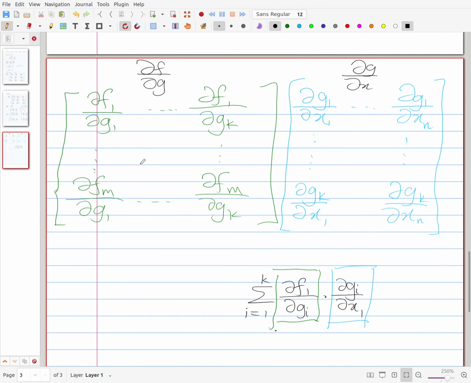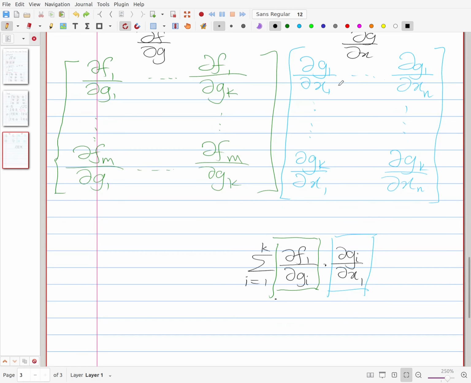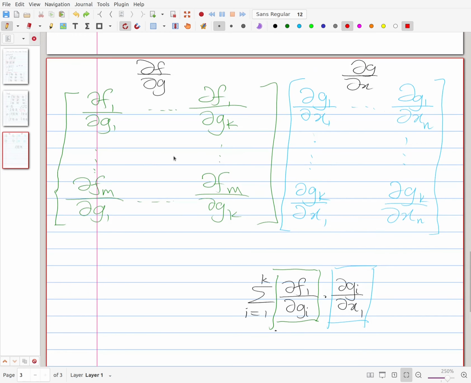So for this green matrix, we can check that each row of the matrix corresponds to one particular Fi, and the components in each row are the partials with respect to each of the components in G. Similarly, for the blue matrix here, we see that each row corresponds to a particular component of G, and the elements in that row are the partials with respect to each of the components of X.